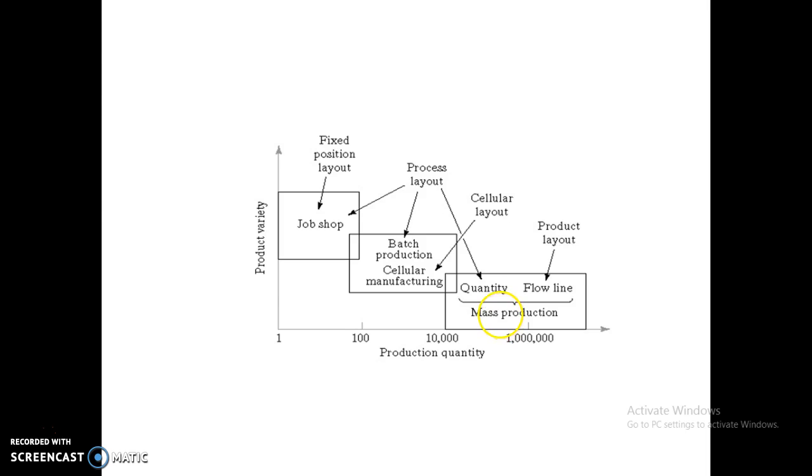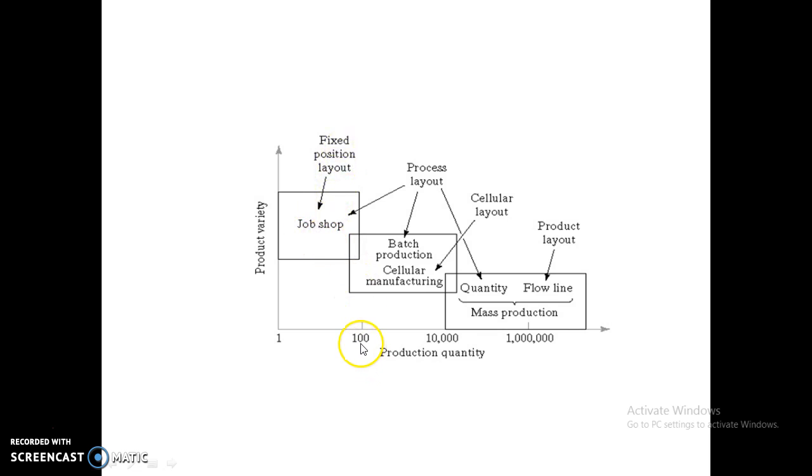If you look at this diagram, you can observe which kind of production can be adopted depending upon the production quantity. As the production quantity increases, we adopt mass production, and the layout adopted is the product layout. If the production quantity is minimum, then we adopt the fixed position layout.